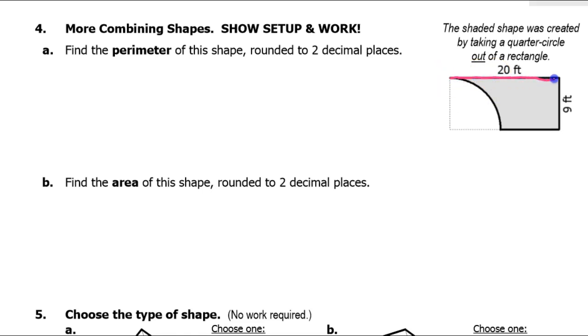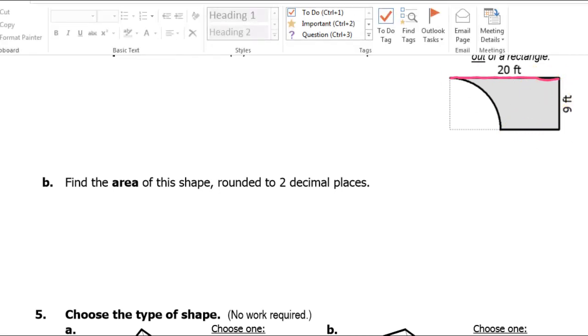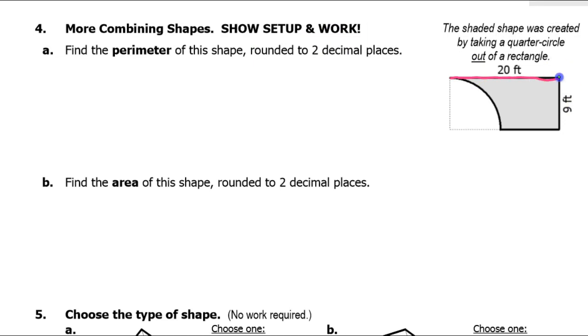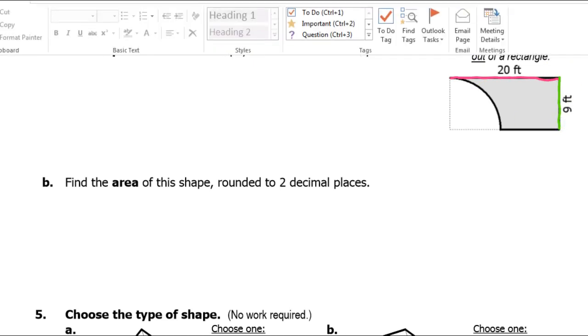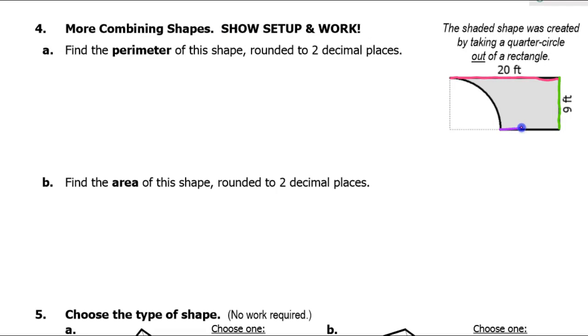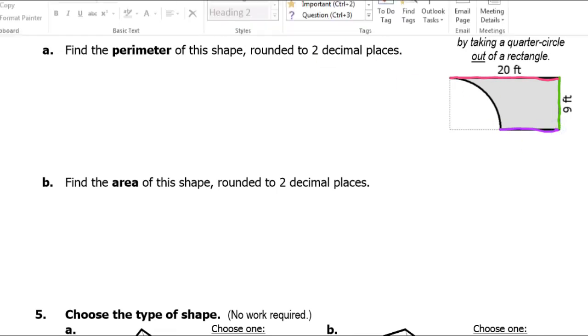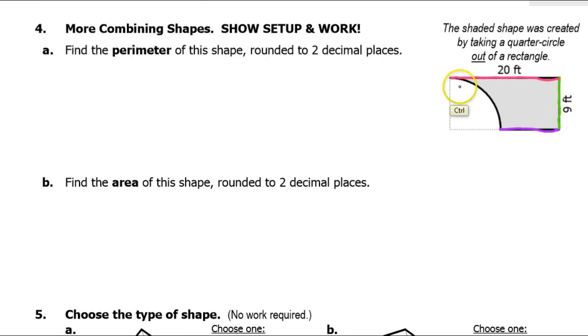So this has 4 lengths that we need. We need to find this length right here. We need to find this length. We need to have this length. And we need this length. All right, so we're just going to find those 4 lengths.